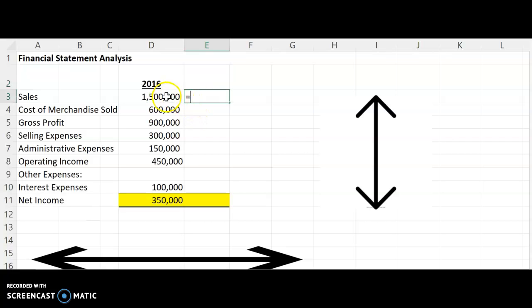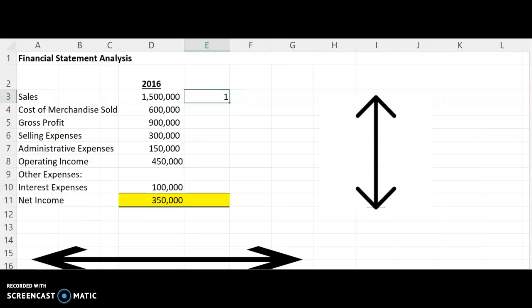So I'm going to do sales divided by sales. I need an absolute reference here, so I'm just going to put the $ in front of that. And that will always divide everything I copy by sales.